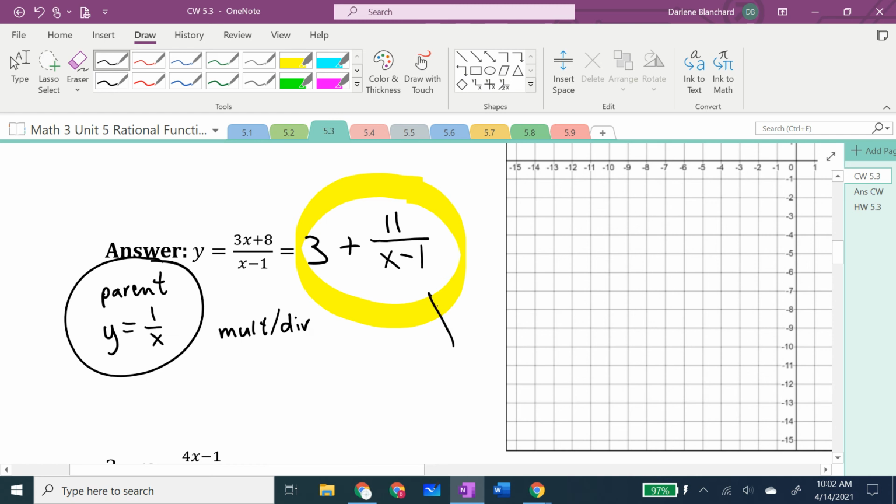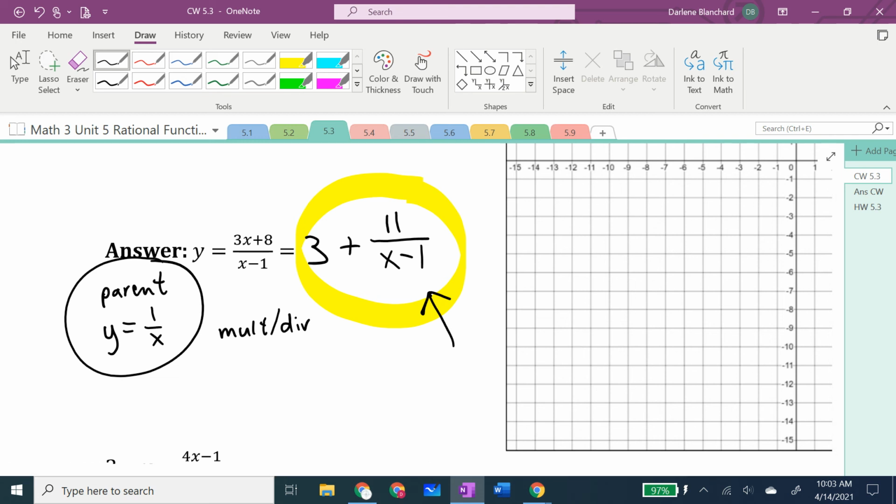So let's take a look at this equation here. Do you see any multiplication or division? And if it helps, take out addition, subtraction.